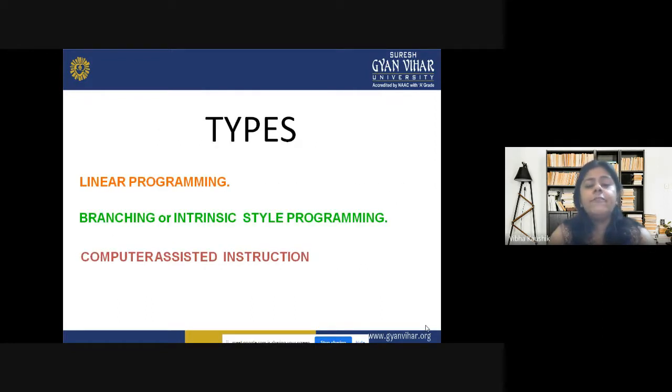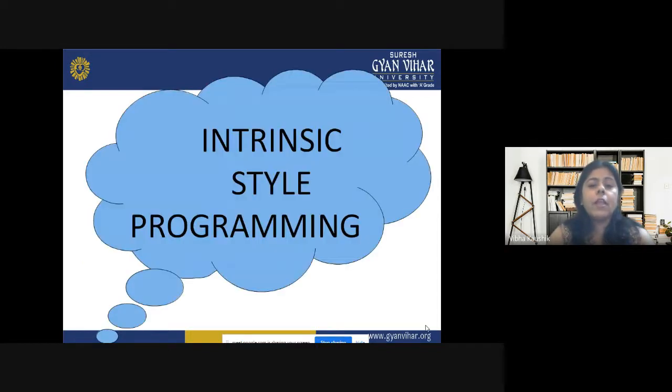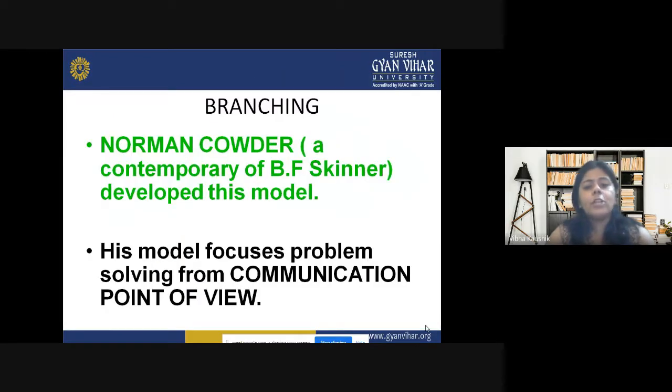Now, the different types of instructional program. The first one is linear programming, then branching or intrinsic style programming, and computer assisted instruction. Now, branching.